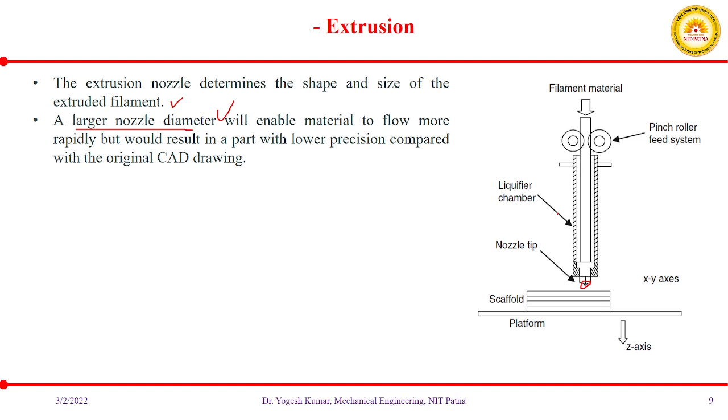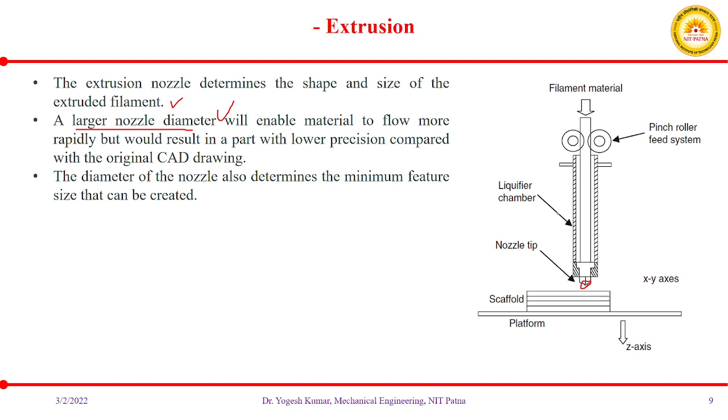So, in order to improve the quality or reduce the deviation from the original desired product, you must make a compromise between your nozzle diameter and your build quality. That compromise you have to make depending upon your part requirement or the application.